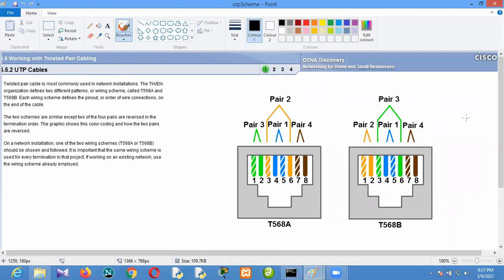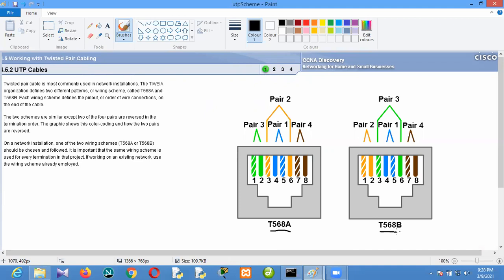Twisted pair can be shielded or unshielded. And there are 2 types of scheme: T568A and T568B. These are the 2 schemes we use when you want to terminate your twisted pair.